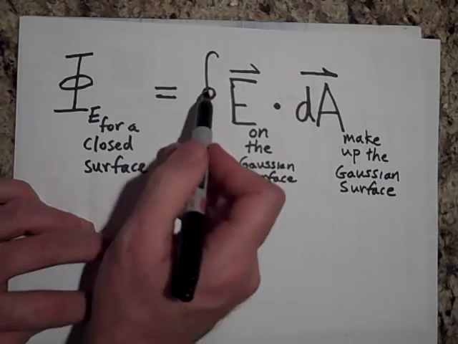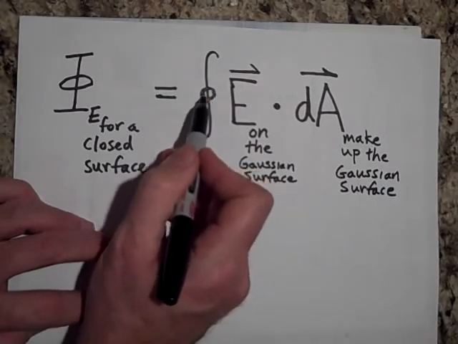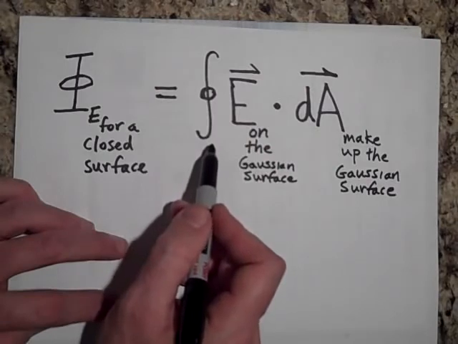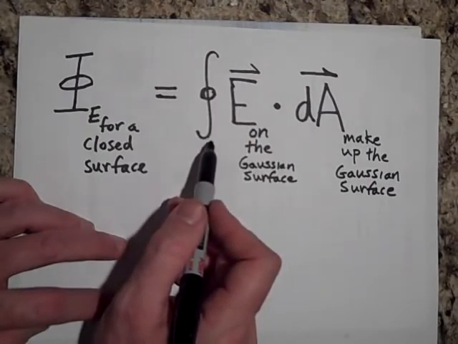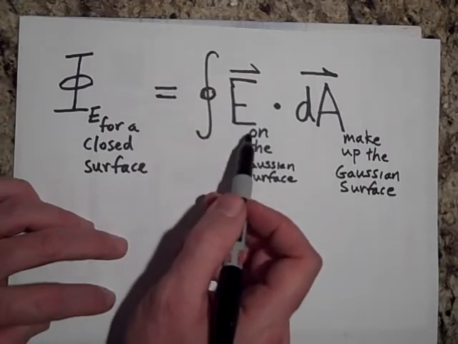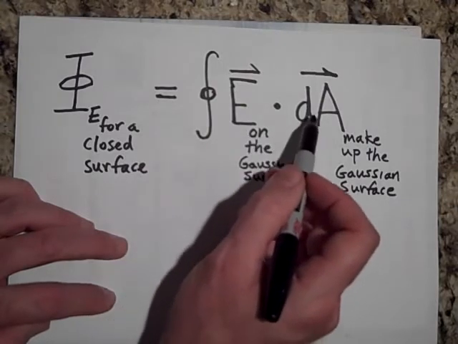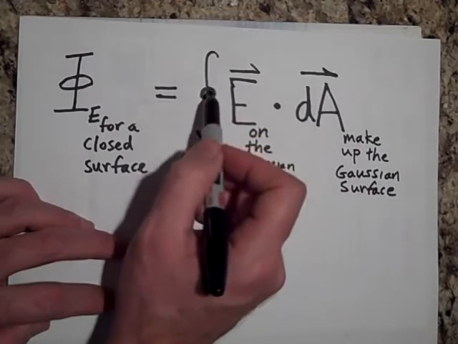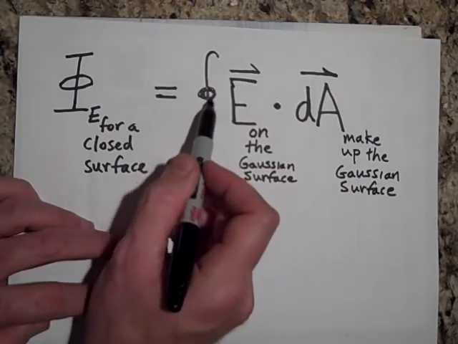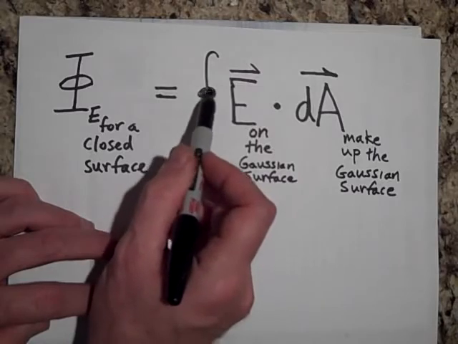And what this is saying is that where you begin and where you end your integral, you just start somewhere on that surface and you keep adding until you've added every single E dot dA for the entire surface. So this is a definite integral, and what makes it a definite integral is this symbol here.